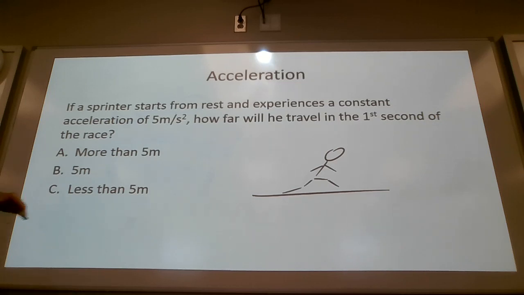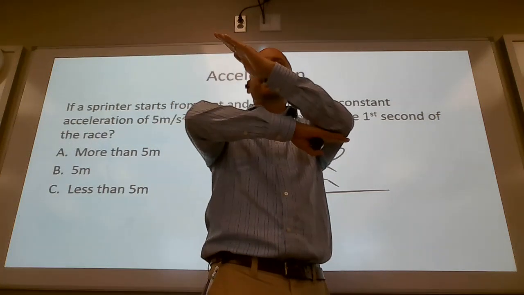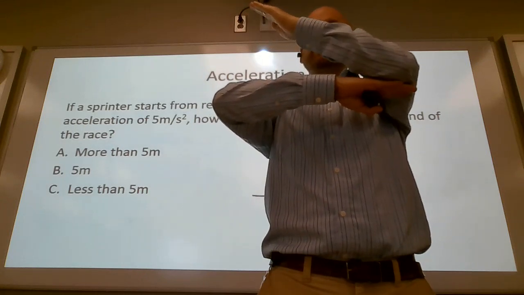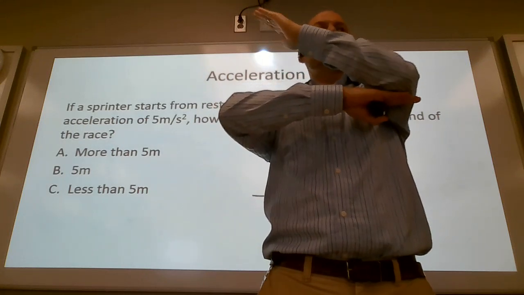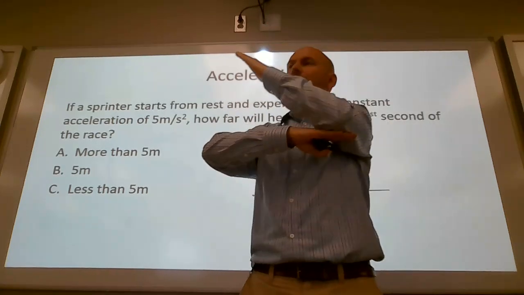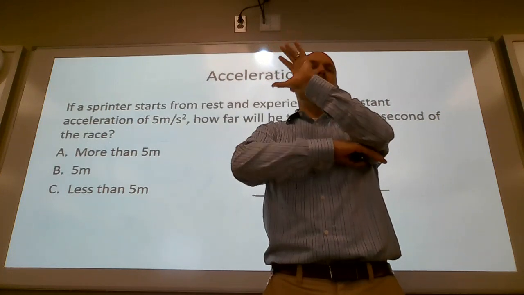Correct answer is C. In order to go 5 meters, you would have to be traveling at 5 meters a second for the entire 1 Mississippi. Your velocity would have to be 5 meters a second for that entire second in order for you to travel 5 meters.